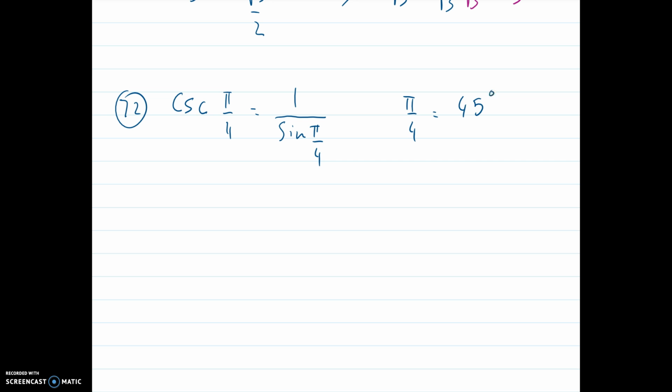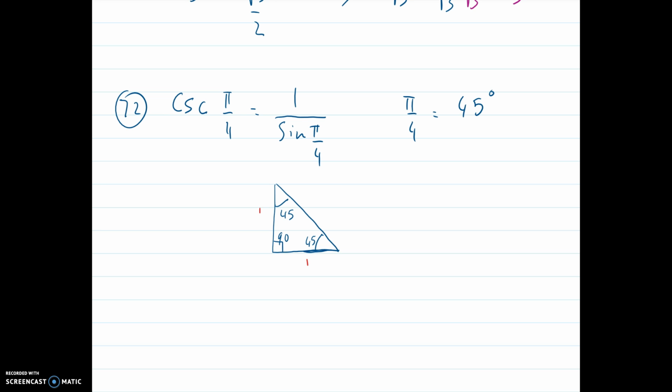Okay? So what we have to do is graph a triangle where if this one is 90 and this one is 45, that means this one will also be 45, and therefore this side and this side are exactly the same.